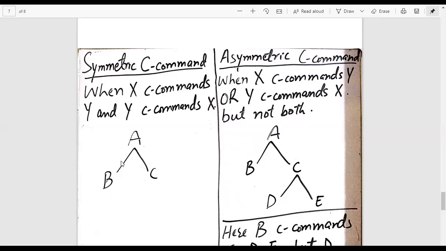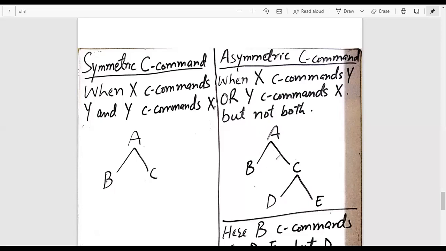In symmetric c-command, we find that both X and Y c-command each other, but in asymmetric c-command, they both do not command each other. Only X will c-command Y or Y will c-command X.